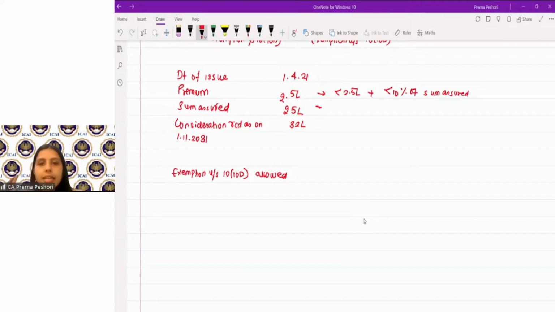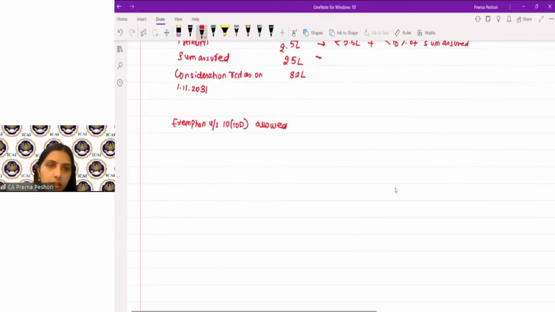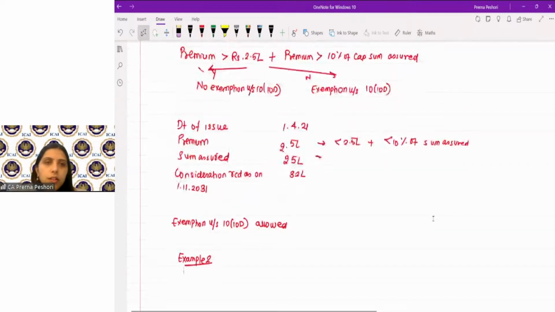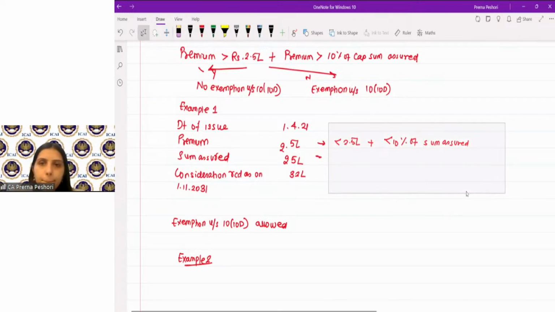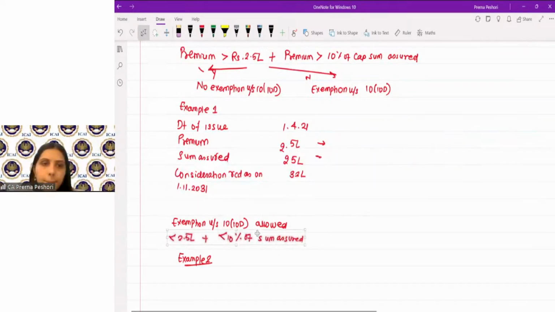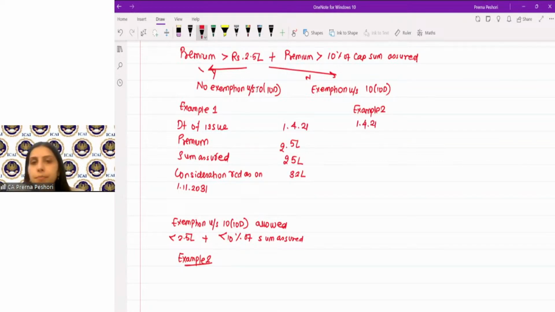Right? Example 2. This was example 1. Example 2: date of issue 1/4/21.